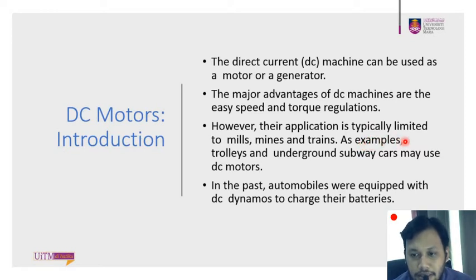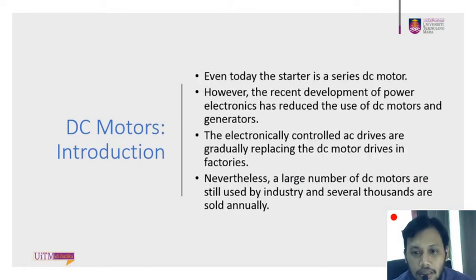As examples, trolleys and underground subway cars may use DC motors. In the past, automobiles were equipped with DC dynamos to charge their batteries, and even today, the starter is a series DC motor.